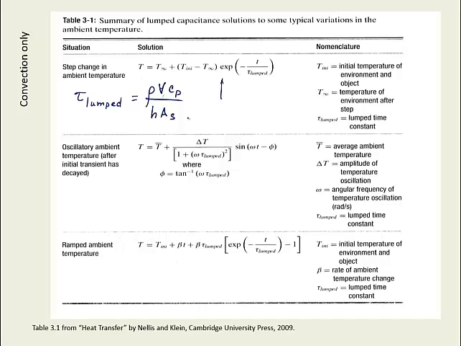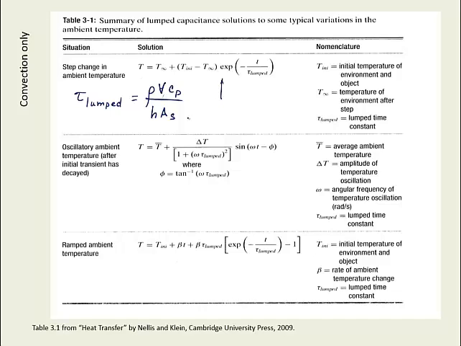The time constant does have a physical meaning. So if you think about an object initially at T initial, and we've got a free stream temperature that it's now exposed to, ultimately it's going to go to the free stream temperature. So the biggest temperature difference is T initial minus T free stream.